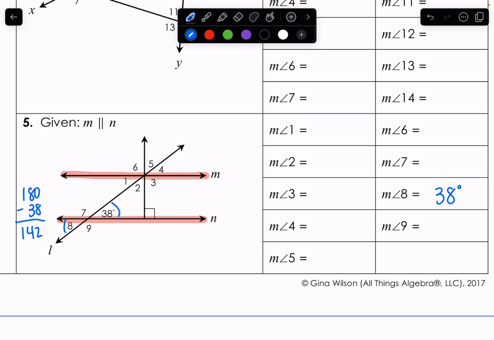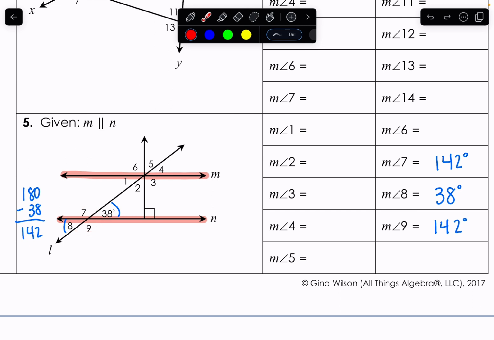So that means that angle 7 is 142 degrees. Also, 38 and 9 are supplementary angles. They are on the same side of this straight line here, so angle 9 is also going to be 142 degrees. Also, angle 7 and angle 9 are vertical to each other, so we know that those should be equal.